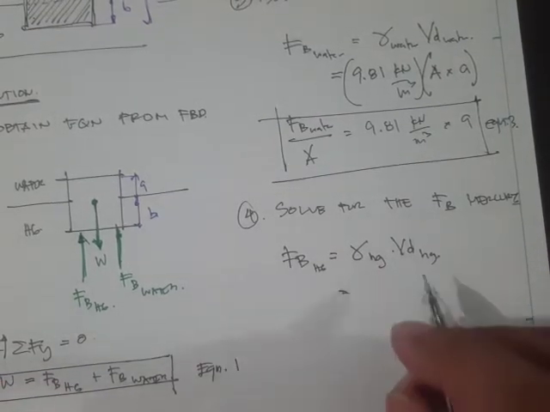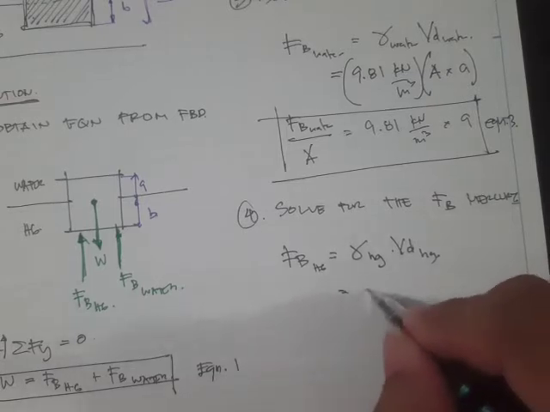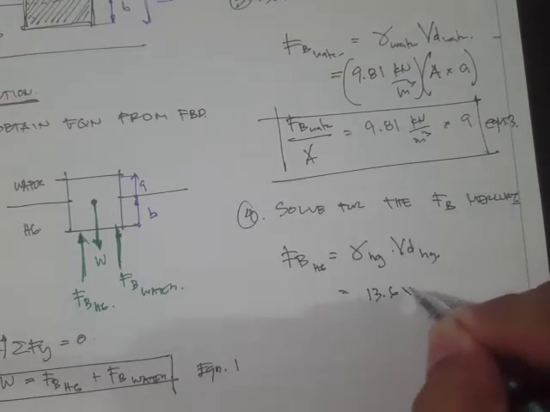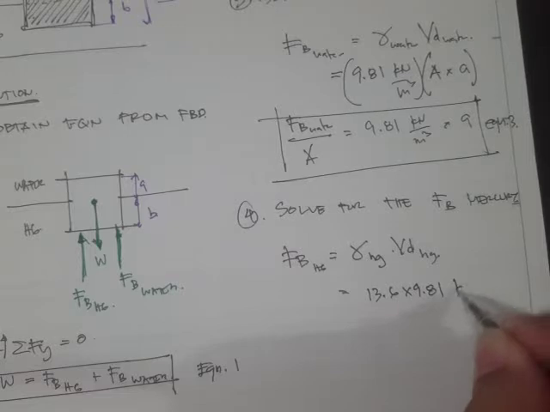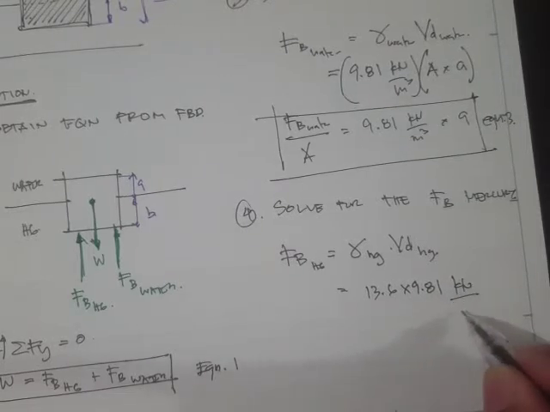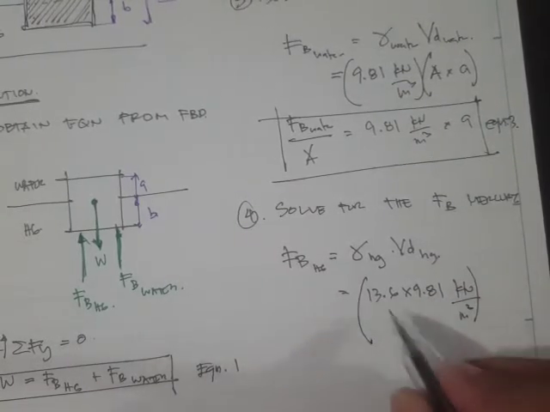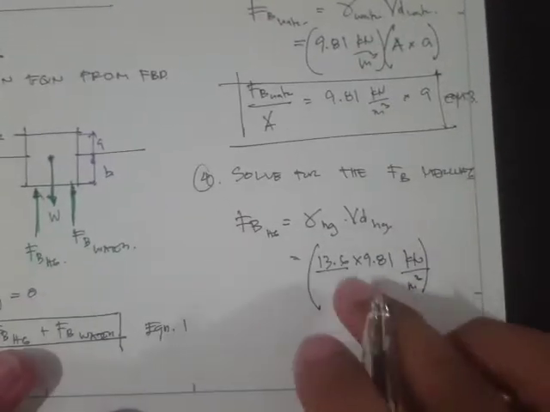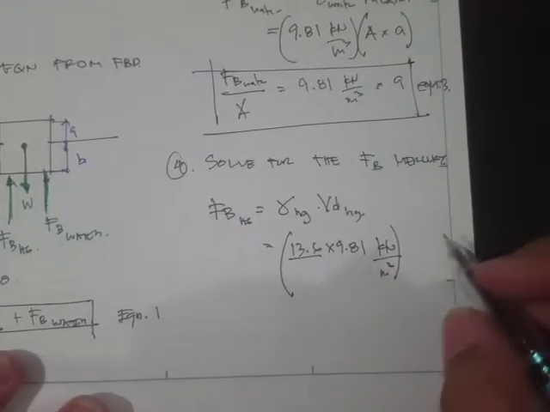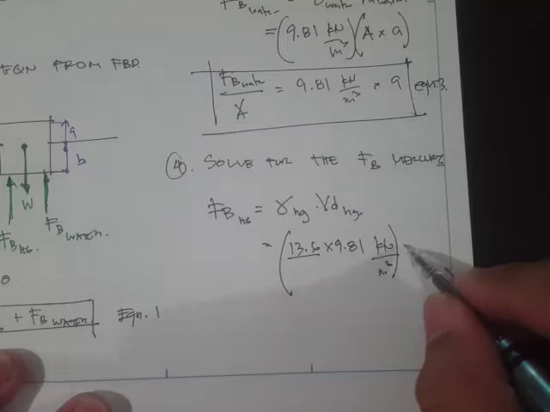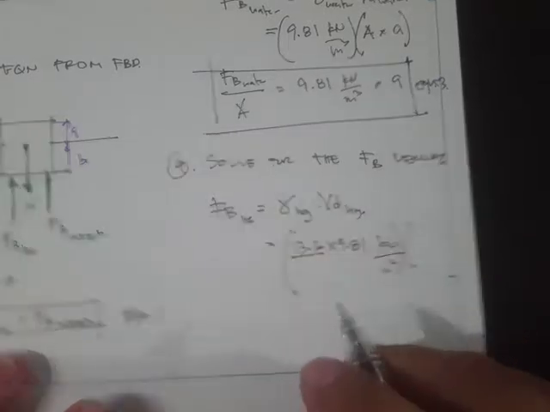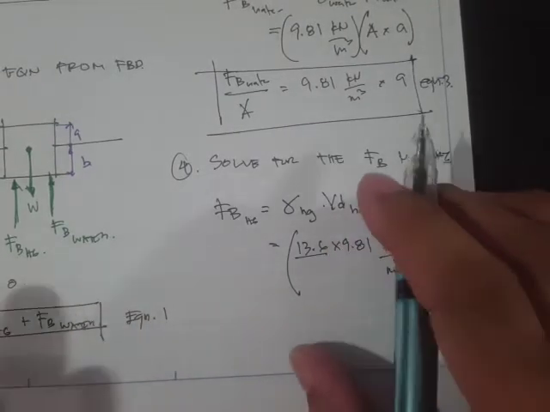The unit weight of mercury is 13.6 times 9.81, in kilonewton per meter cube. This one is the specific gravity times 9.81, that's the unit weight, times the volume displaced in the mercury layer.